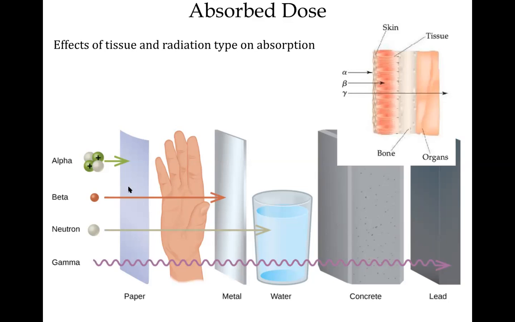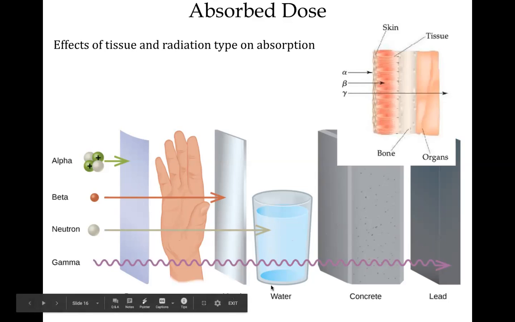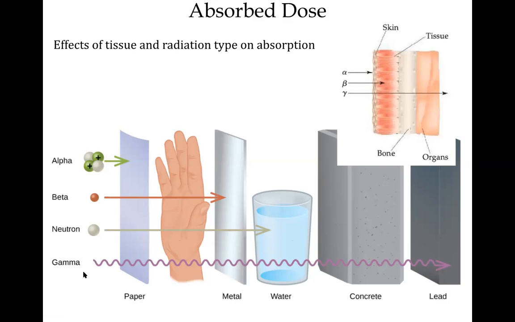And then neutrons go definitely through your hand, through certain types of metal, but will stop at water. And then finally gamma goes straight through any kind of biological tissue, and will go through a lot of lead too, depending on the thickness.